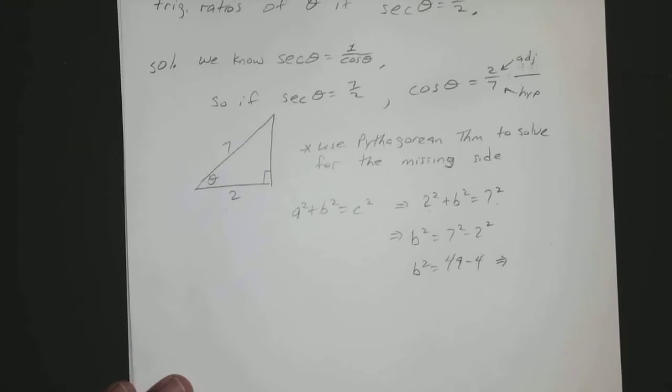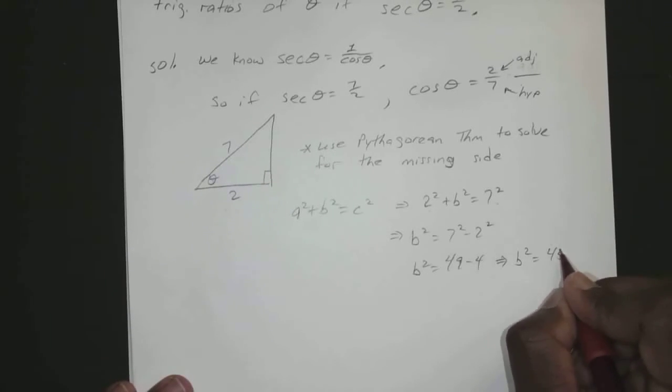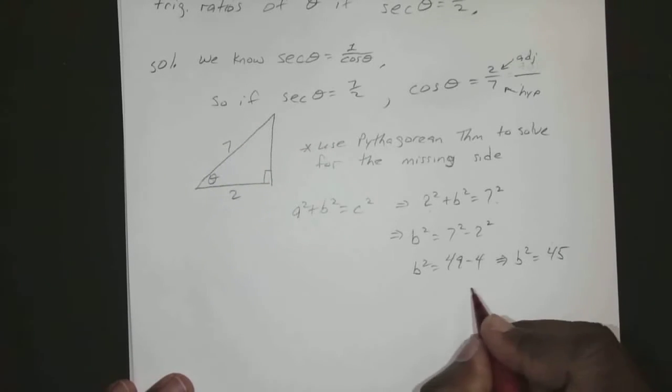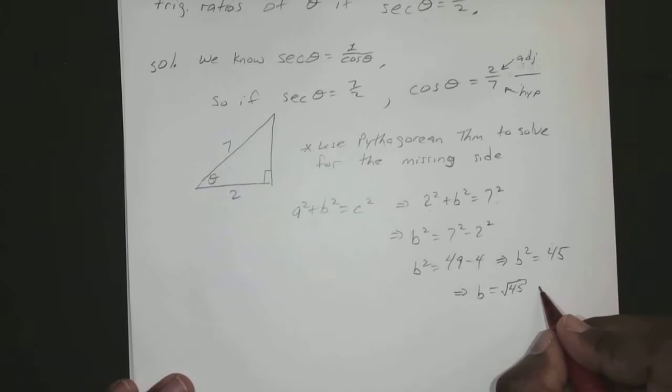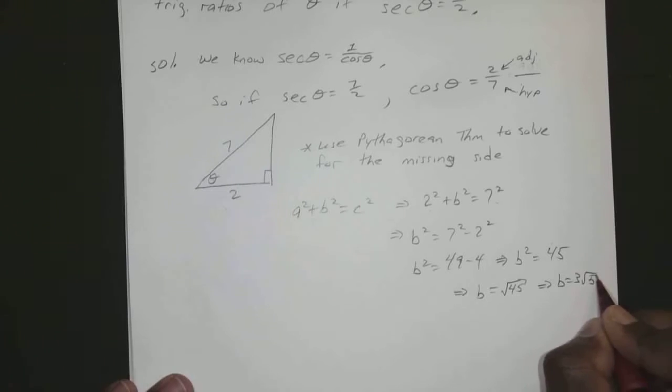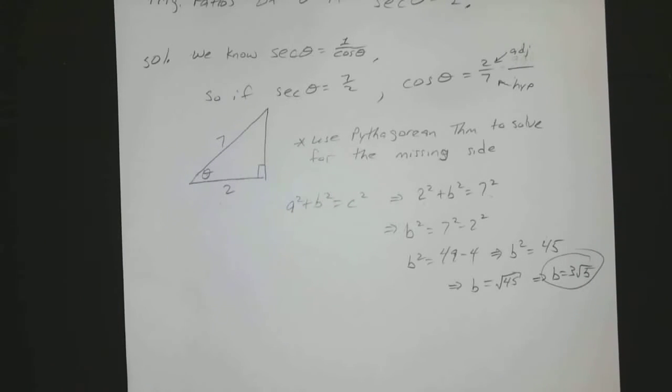B squared equals 45. Now we square root both sides. B equals square root of 45, or 3 square root of 5. Or you can leave it as square root of 45. I don't think it would really matter in the homework, but they may want it simplified.